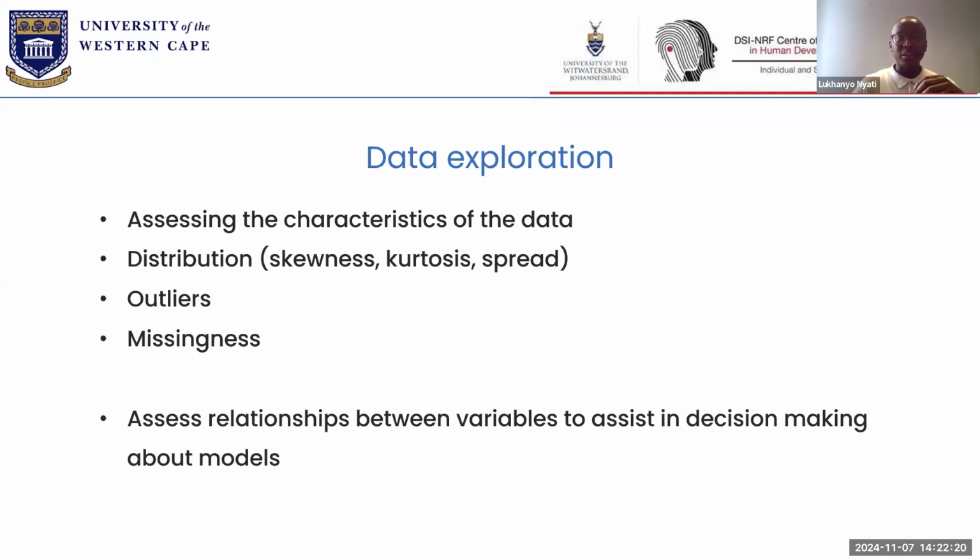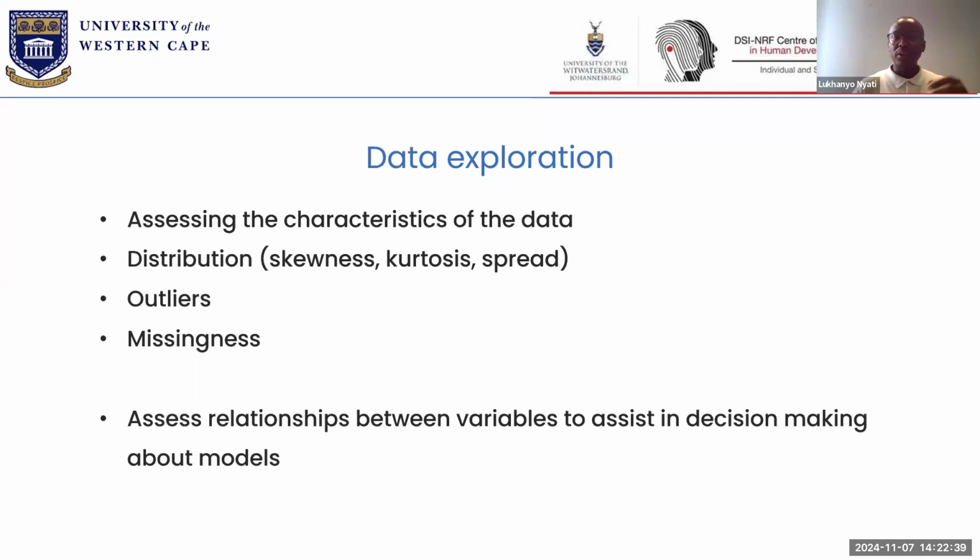So one of the assumptions of a regression model, for example, is what we call multicollinearity. You need to avoid multicollinearity, all right? That is, variables that are correlated with each other.